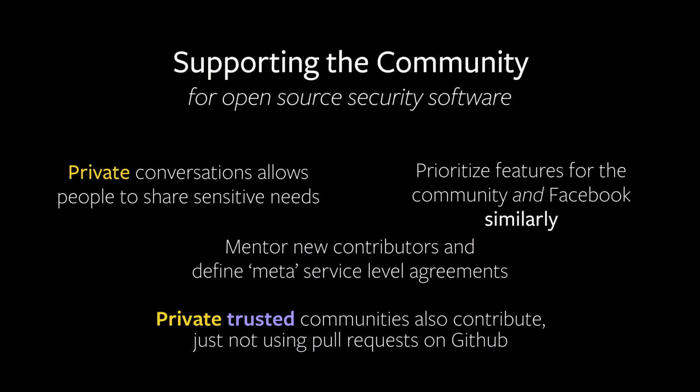One thing Facebook wasn't anticipating when we open sourced OSQuery was the need for private conversations. With past projects Facebook open sourced, we had the mentality that everything needs to be in the open, and people love to talk about issues and do pull requests on GitHub.